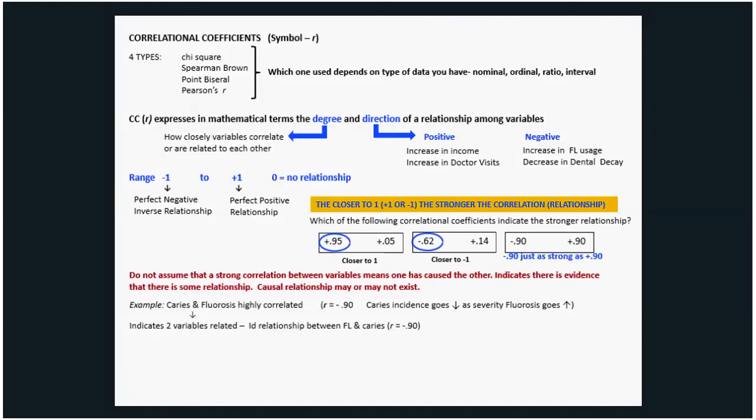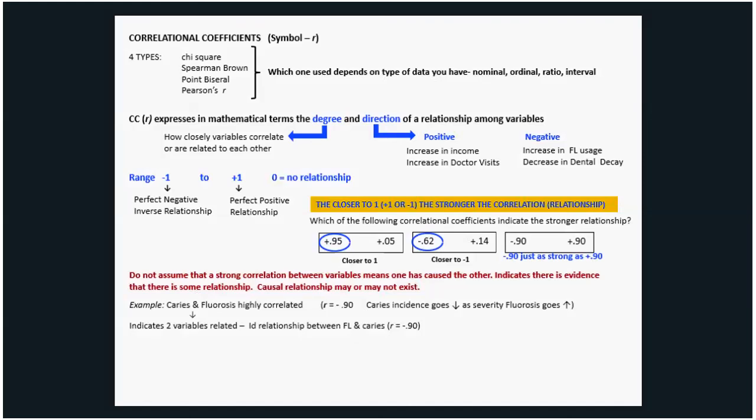So you say that there is a strong relationship, and that relationship is a negative relationship, meaning that caries incidence goes down as the severity of fluorosis goes up. Now, we know eventually you can get to the point where the fluorosis is so severe that it increases your risk for decay.